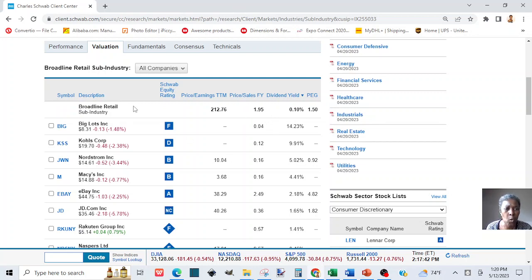But anyway, at this point we can say that we have 1, 2, 3, 4 of those companies that we are interested in, because they pay above 3%. So we don't really need to go through the whole page, but we can skip through it to see what they have.